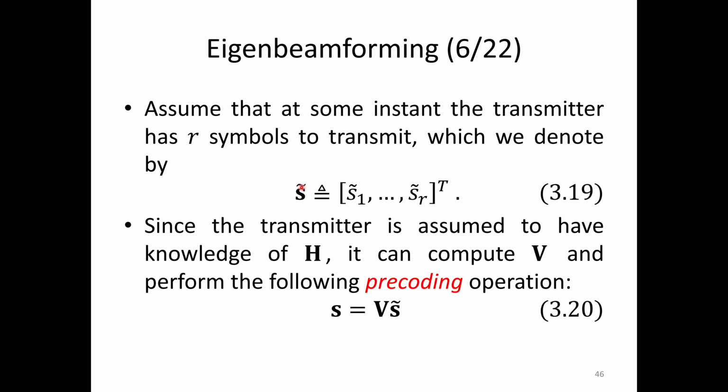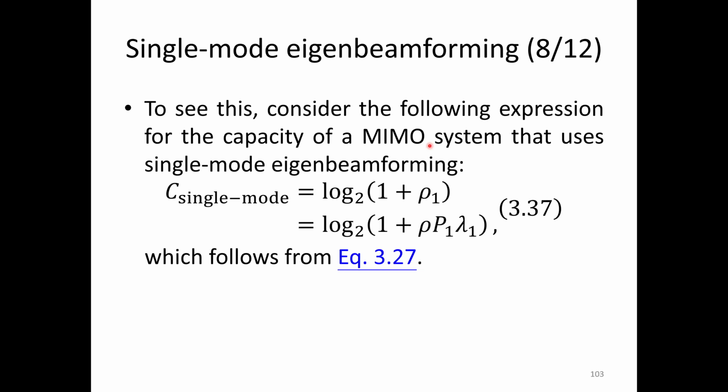We can see that, assume that at some instant the transmitter has R symbols to transmit. s tilde is defined as s tilde 1 to s tilde R transpose. So s tilde 1 is the first symbol to transmit at the transmitter at some instant. Let us go back to page 103.